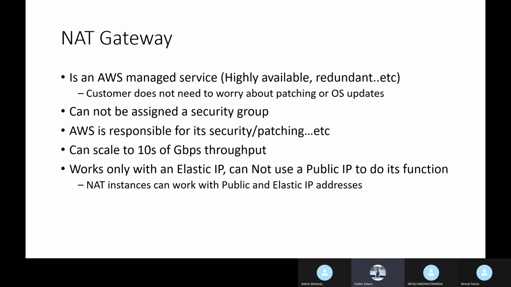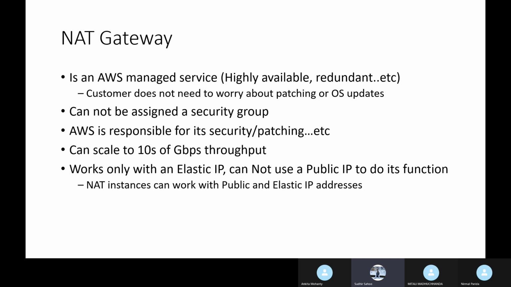It doesn't matter. Let's say you are creating a NAT gateway to connect your VPC, and you are sending or receiving a lot of data, let's say 50 Gbps. I think it supports up to 40 or 45 Gbps.